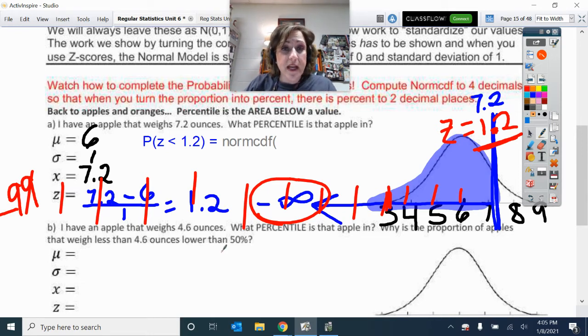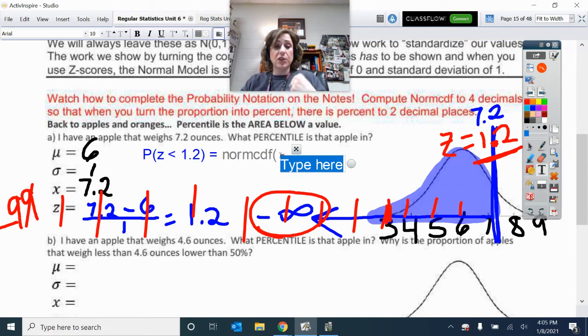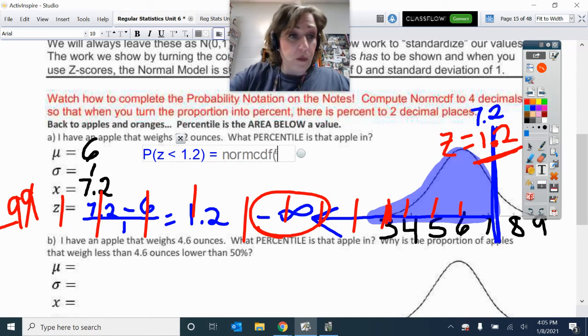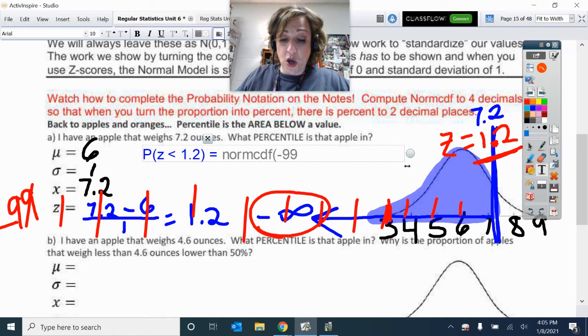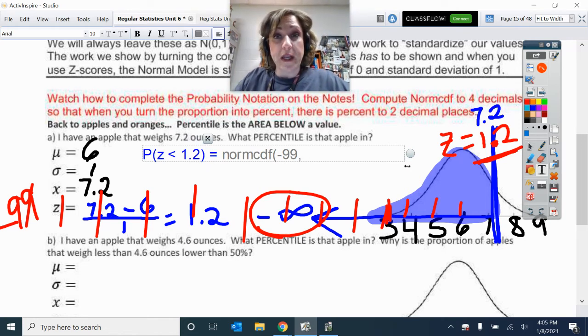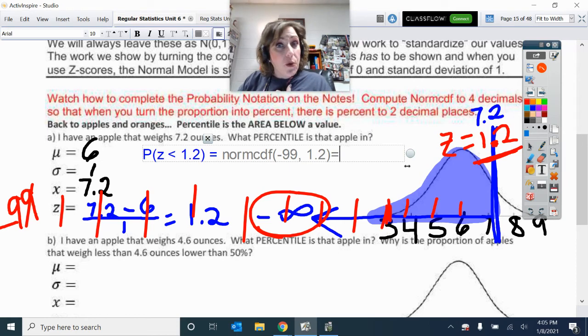All right, so here we go. We're going to do our normal CDF from low to high. The lowest location that we're going is that negative 99, and then we go comma up to the highest point. I want to go up to this z-score of 1.2. That's what I type into my calculator, and I have it in gray because you don't have to write it down.